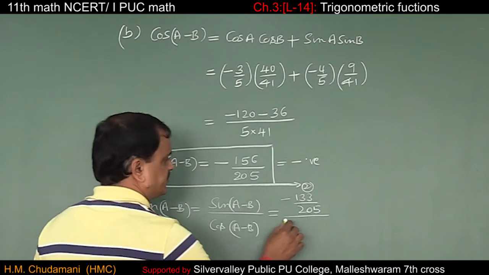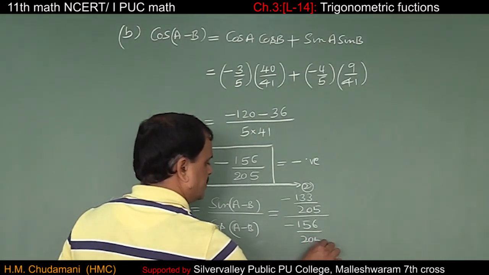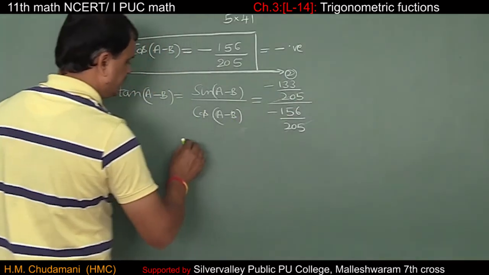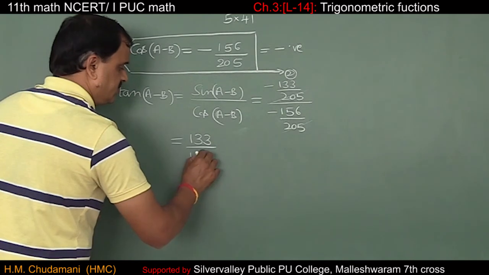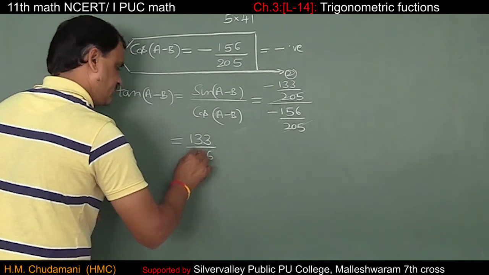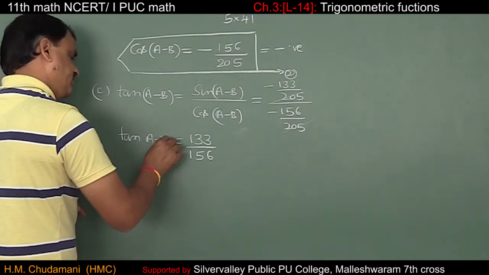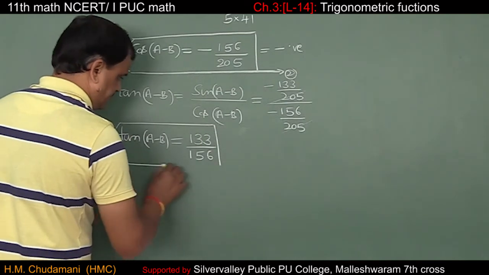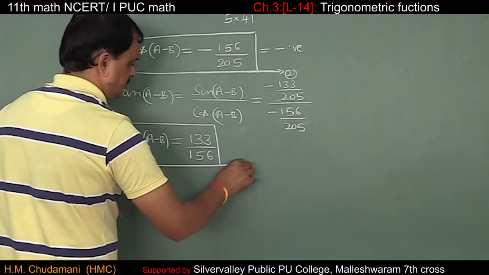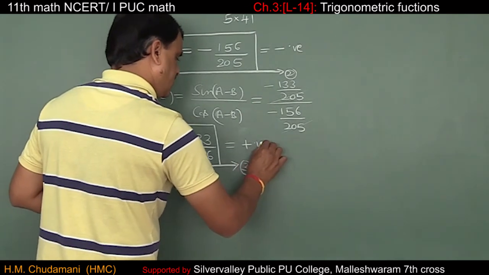Cos of A minus B, equation 2, minus 156 divided by 205. 205 gets cancelled. So tan of A minus B is equal to 133 divided by 156, equation 3, which is a positive quantity.